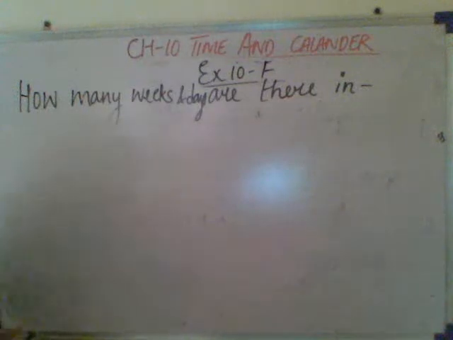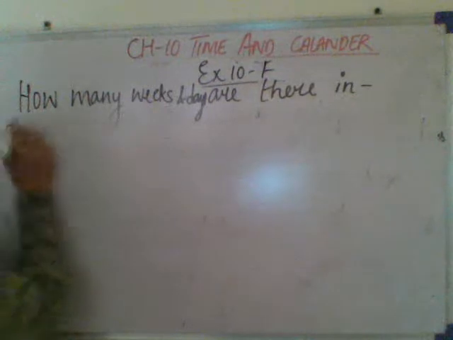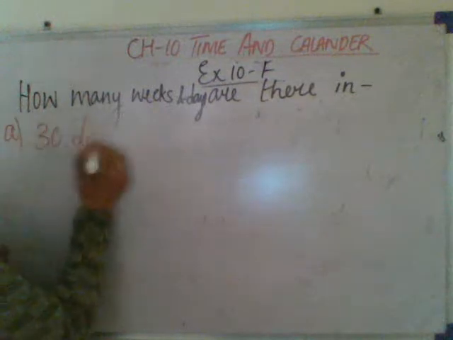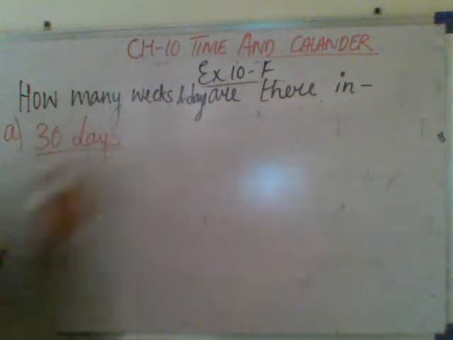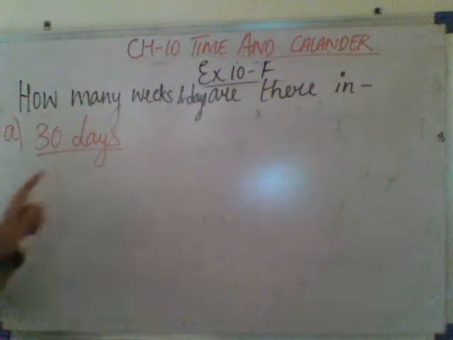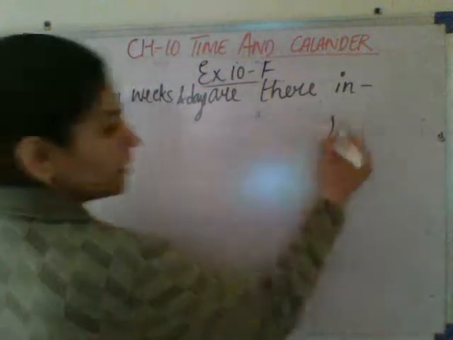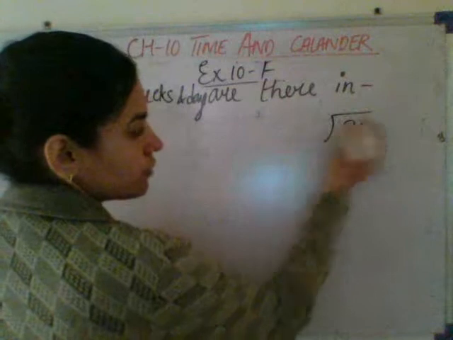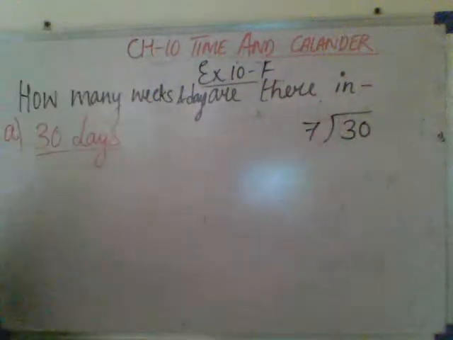In the first question that is given is 30 days. 30 days are given, and in 30 days we have to find how many weeks and how many days are there. So what we will be doing, first of all, you have to divide 30 by 7.